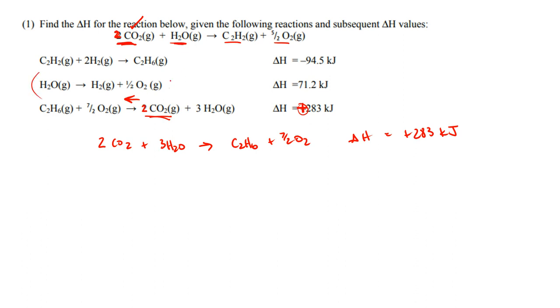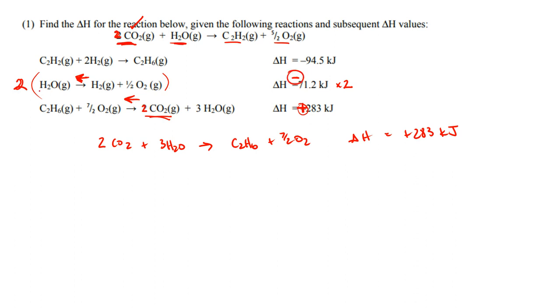I'm going to take this reaction, I'm going to double it so that I have 2 H2Os, but I'm also going to reverse it so that I have 2 waters in the products, which will cancel out 2 of them in these reactions. So again, I'm going to flip and double, which means I have to double and flip my sign here.